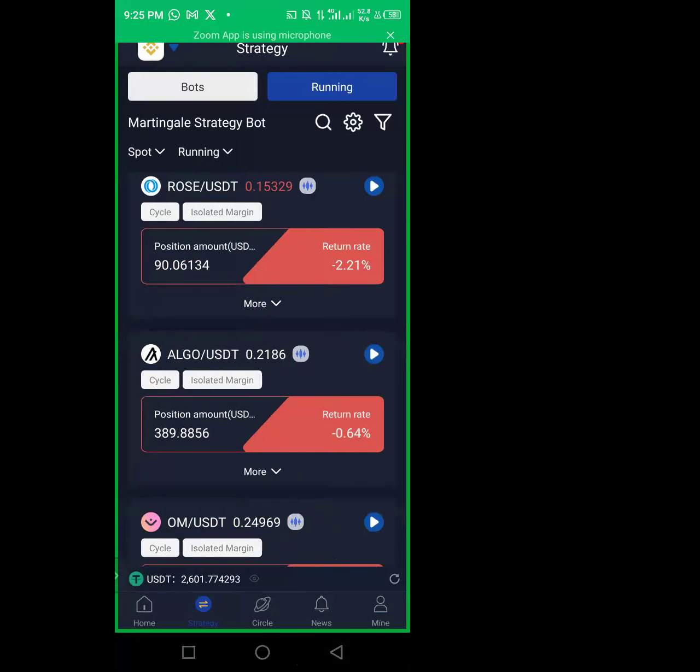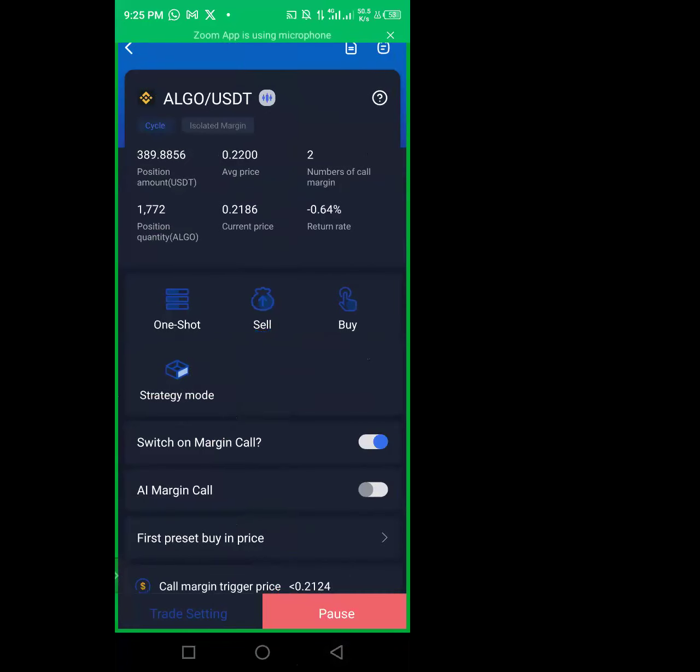Because of my average, if you have noticed, my average price has reduced to 0.22. Before it was higher than this. So with any small push now, this Argo will enter floating profit.